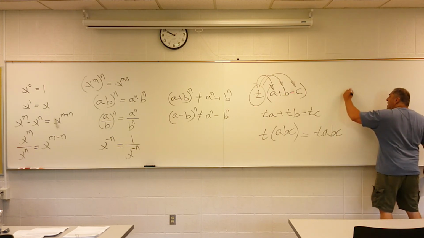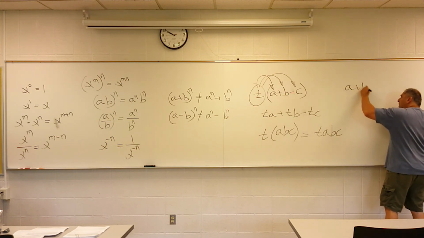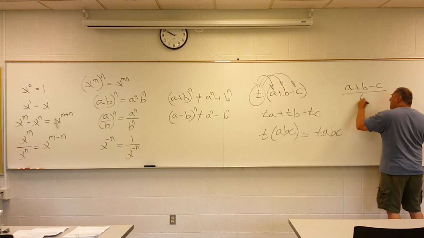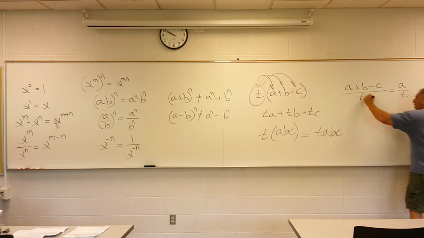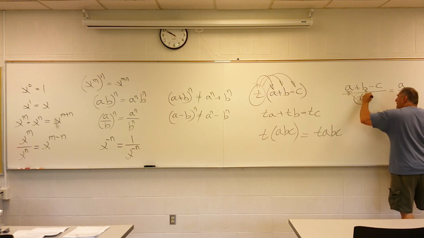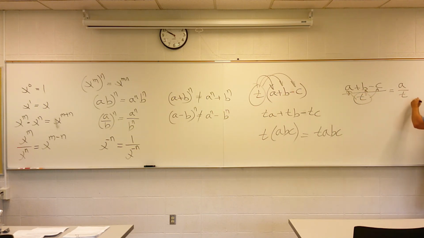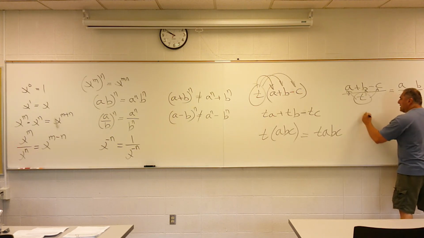It's the same thing with division. Say you had something like this and you divided it by t. You could write it like this. The t goes here, here, and here. So we got this. Now what if you had this?